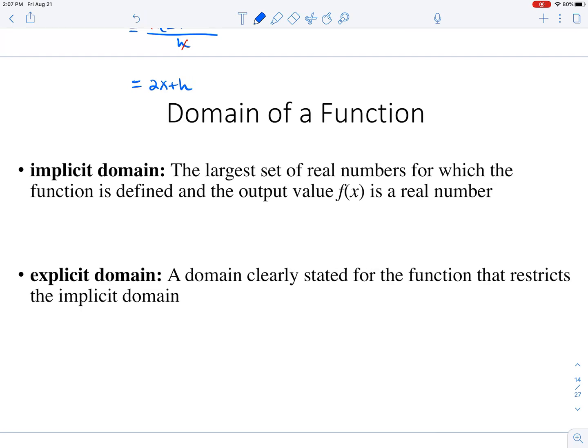Let's say the equation that models it is a quadratic. A quadratic has an implicit domain of all real numbers, but if that input represented something like time, well, time has to be greater than or equal to 0. So then the domain would be restricted, and you'll see it can be helpful if that's clearly stated.